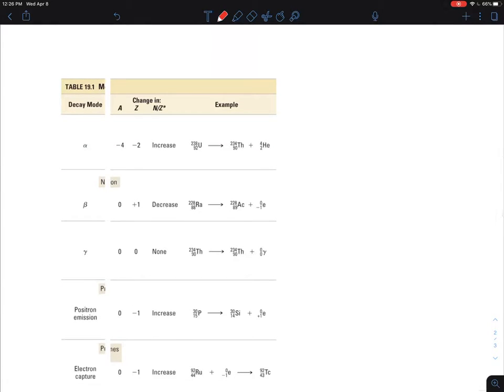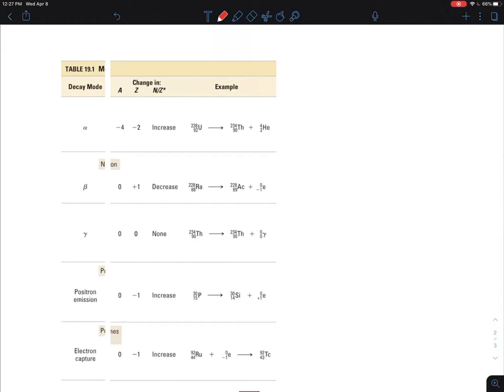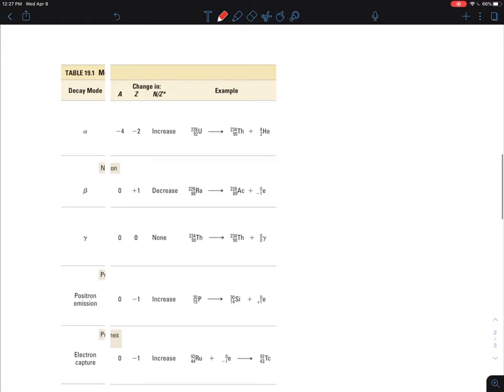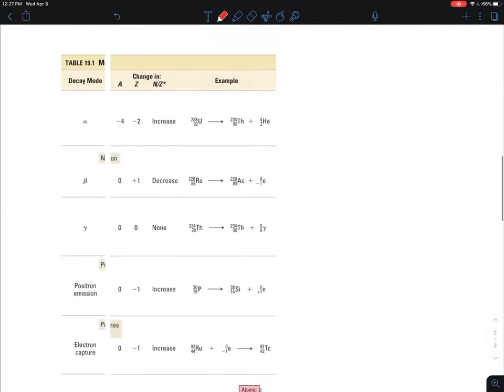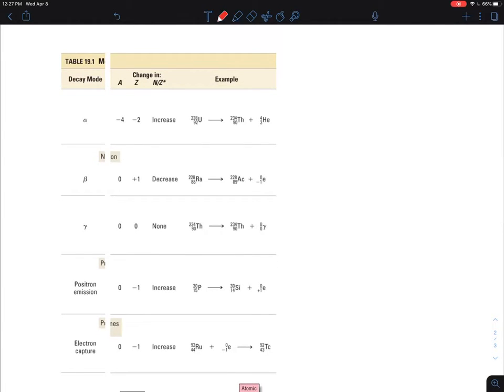Okay, this is the next one. I got 26. I cropped something from your class slide, and as a recap, you heard about alpha, beta, and gamma.